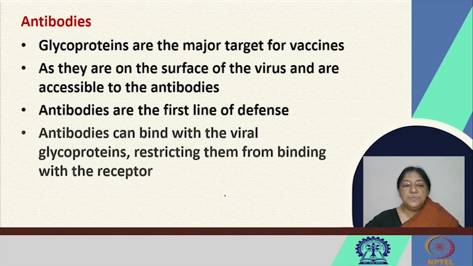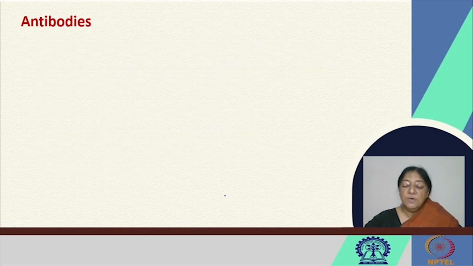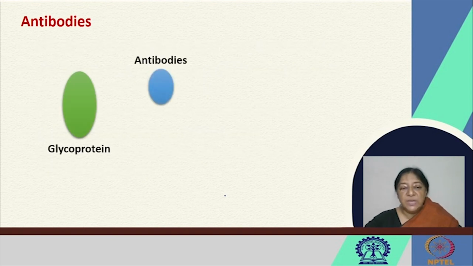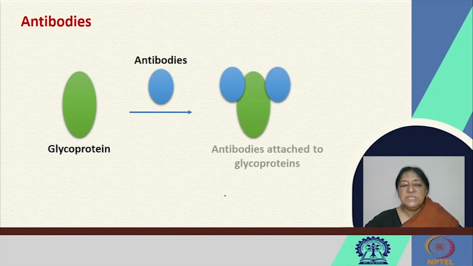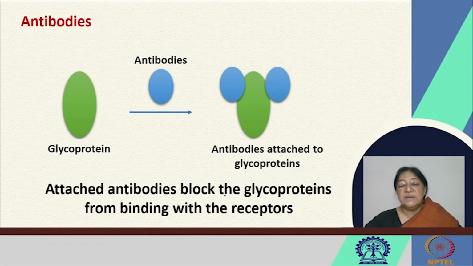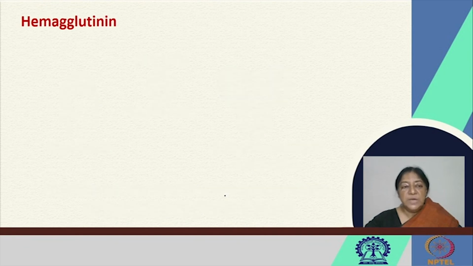So the antibodies become the first line of defense and they can bind with the viral glycoproteins, restricting them from binding with the receptor glycoproteins or from the membrane fusion that occurs. So if we have a glycoprotein and the antibodies associated with them, there can be specific antibodies attached to the glycoproteins that can block the glycoproteins from binding with the receptors.